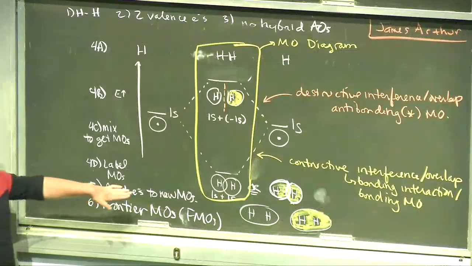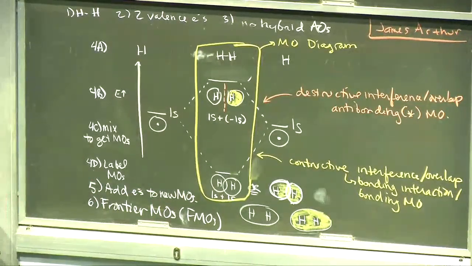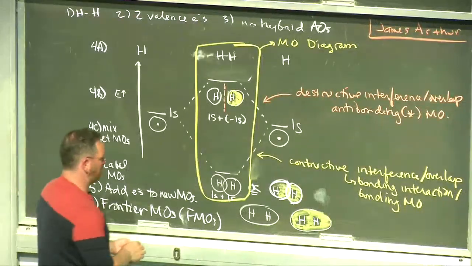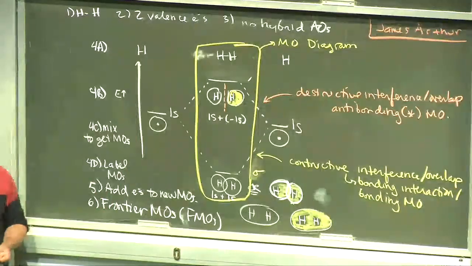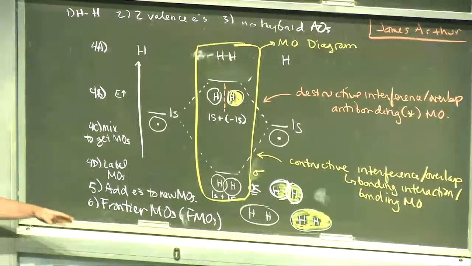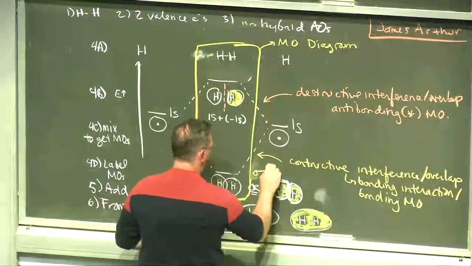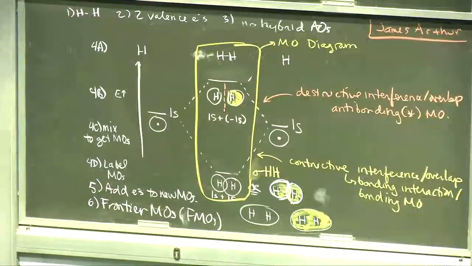In this case, we brought them together. We increased overlap along the internuclear axis, so it's definitely a sigma type MO. Then you say, what were the 2 atoms that were involved in this MO? In this case, it's sigma HH. That's our lower energy new MO.